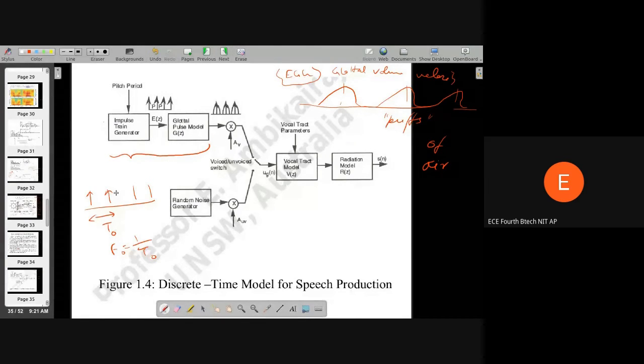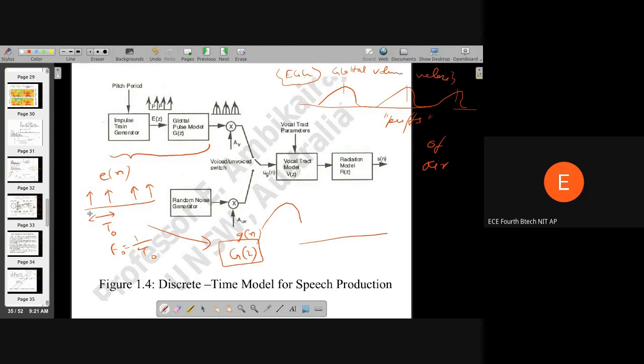If we pass that impulse train through a glottal pulse model, g(n) in the time domain, what will happen? This e(n) will be convolved with g(n), and this g(n) should be shaped like this.